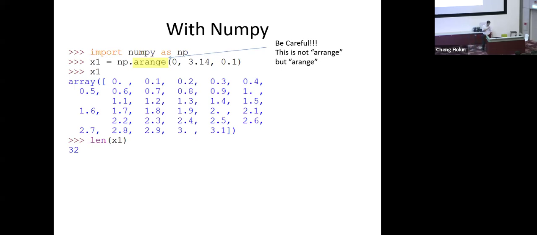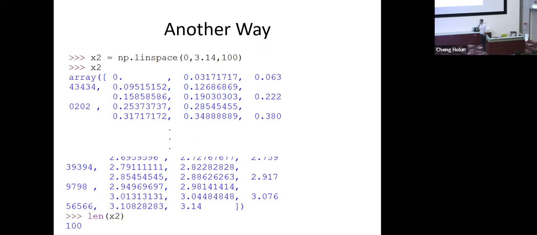So the other way is, I have all of the numbers from 0 to 3.14, but I want 100 numbers, so you divide it evenly. That is another NumPy function called linspace. It's not linear space or nice space, it's linspace. So you can use it to plot some interesting graphs.